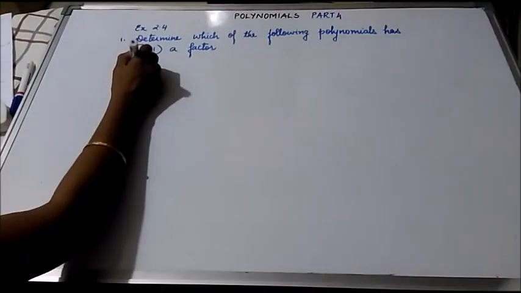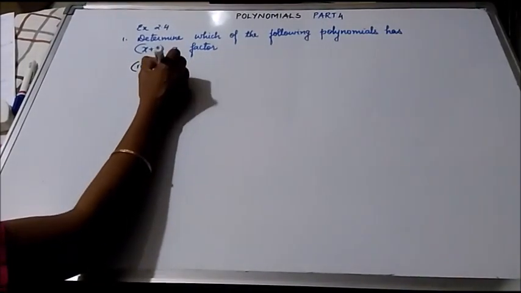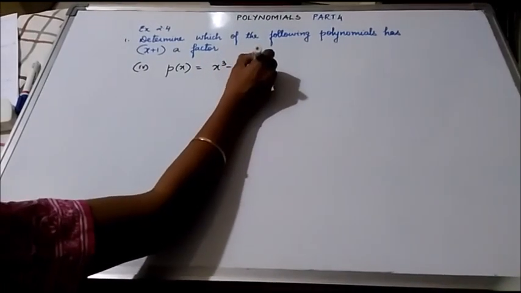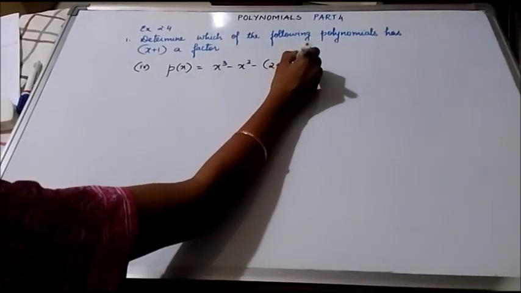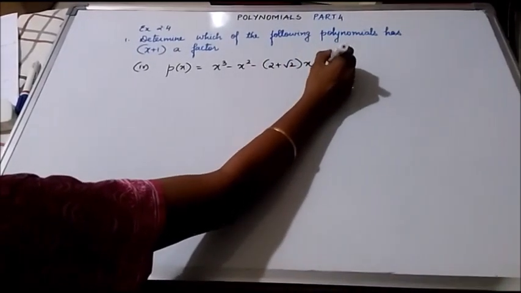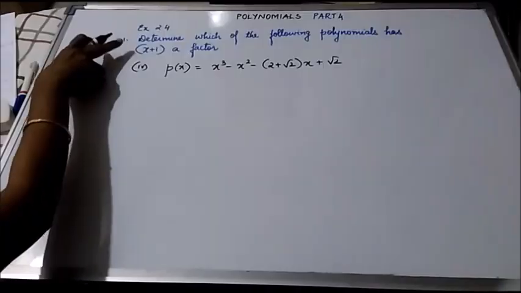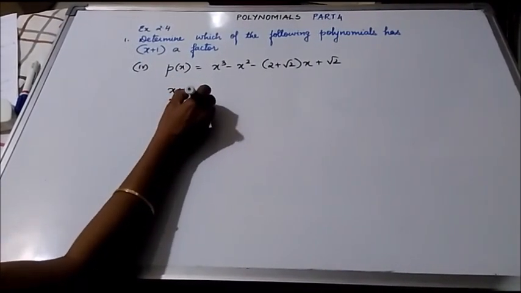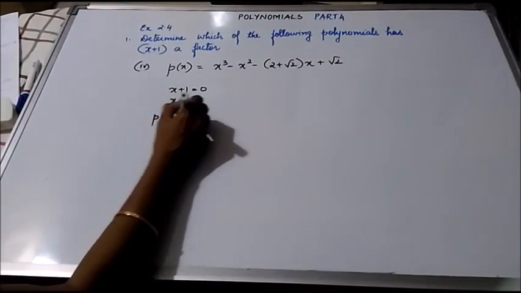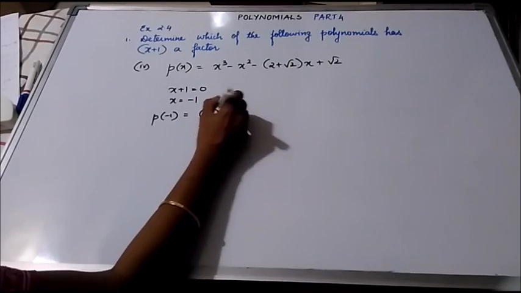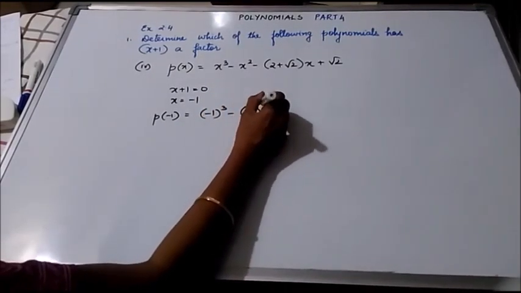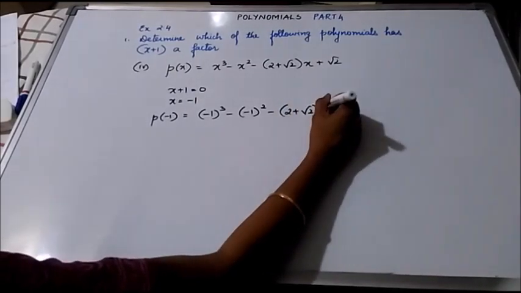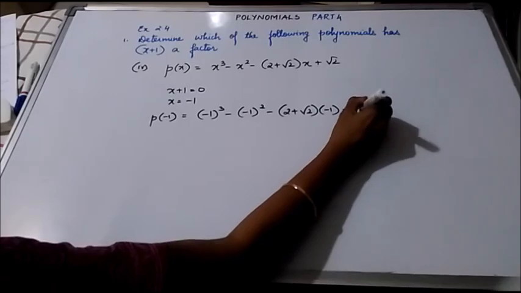Now in the last question, the polynomial is given x cube minus x square minus (2 plus root 2) into x plus root 2. Okay, first we have to find the 0 of x plus 1, that is x plus 1 equal to 0, x equal to minus 1. Now p of minus 1 is equal to (minus 1) the whole cube minus (minus 1) the whole square, in bracket we have got 2 plus root 2, in place of x we have to write here minus 1 plus root 2.